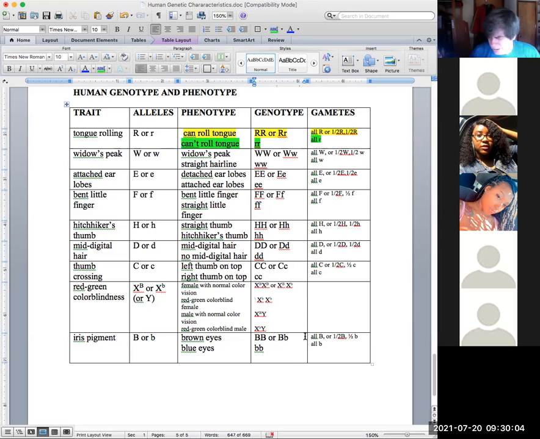Now, what about gametes? Let's look at their gametes. Well, if a female is X^B X^B, then all her egg cells will carry X^B. But if she's X^B X^b, then half of her egg cells will get the X with the big B, and half of her egg cells will get the X with the little b.